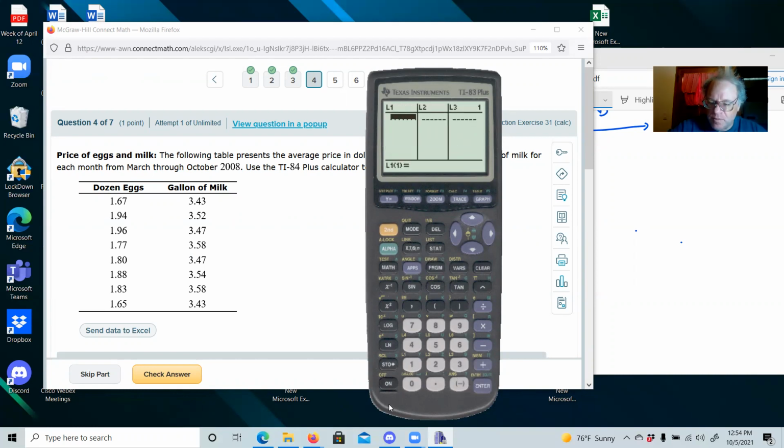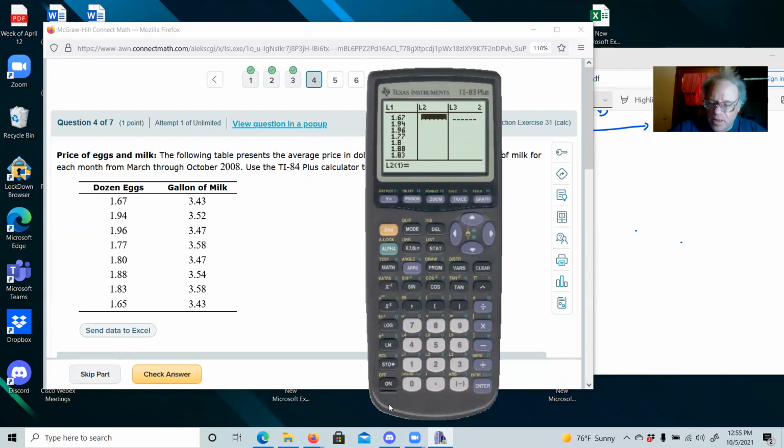So 1.67, 1.94, 1.96, 1.77, 1.80, 1.88, 1.83, 1.65. Enter.